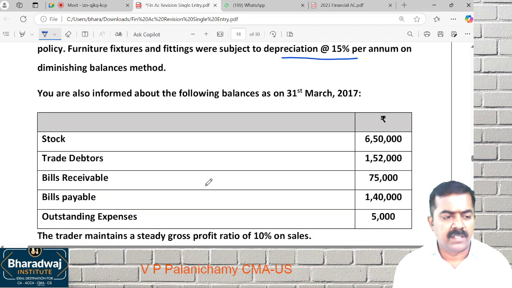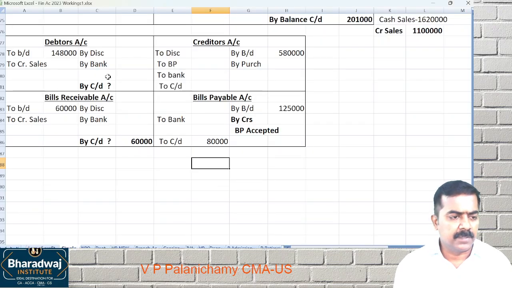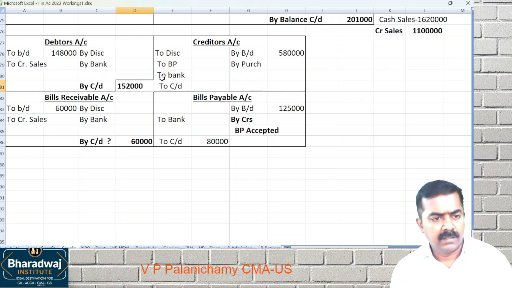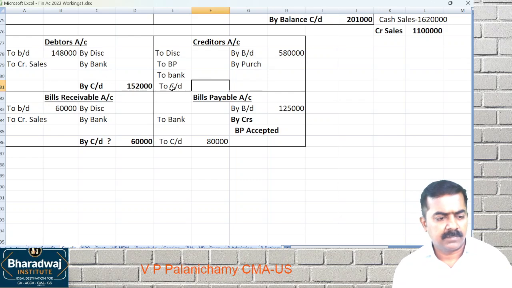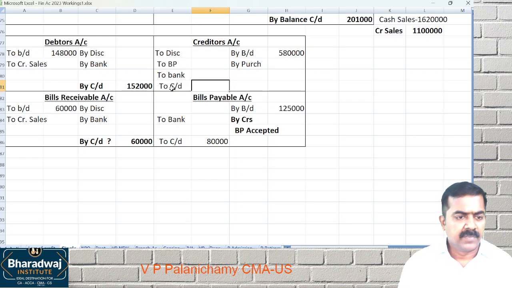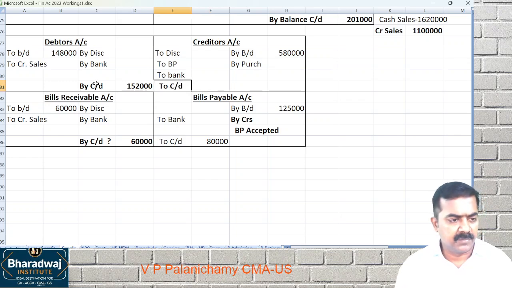Closing balances of stock, debtors, bills receivable, bills payable and outstanding expenses are given. What is the closing balance of debtors given? 1 lakh. Then the closing creditors balance. Closing creditors is not given, is it? No. Maybe we will find this out as a balancing figure.